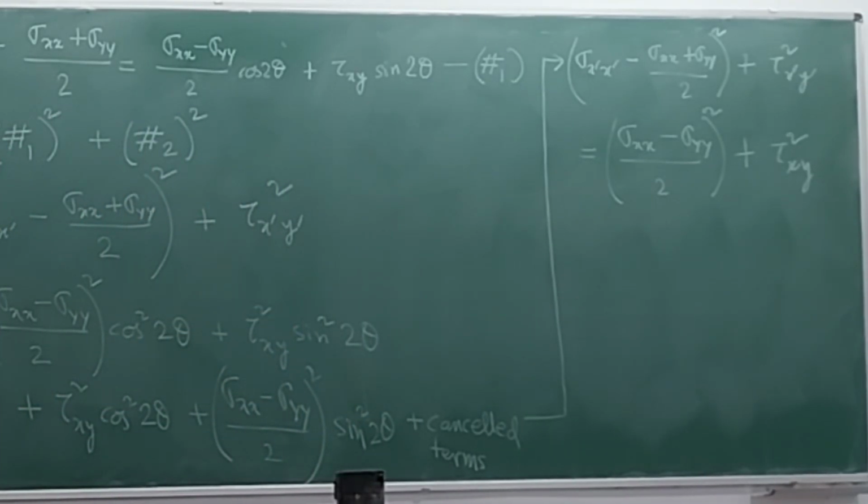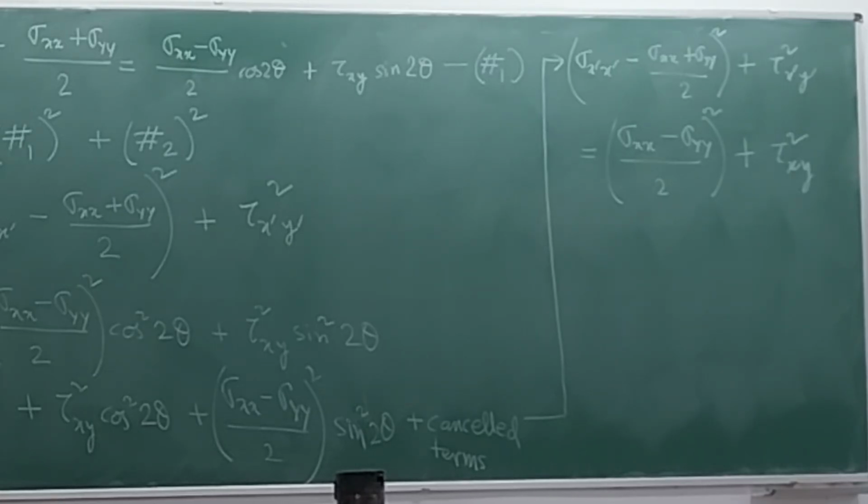Now do you see something? What is that? If you just squint your eyes hard enough and pretend that sigma x' is not sigma x', rather it is x, and tau x'y' is not tau x'y', rather it is y, then it is x minus something whole square plus y square is equal to something square.